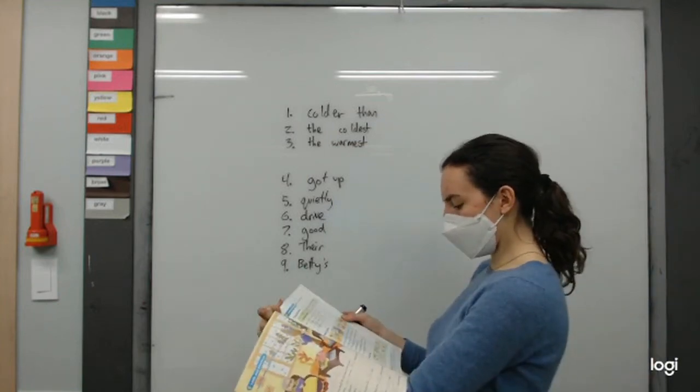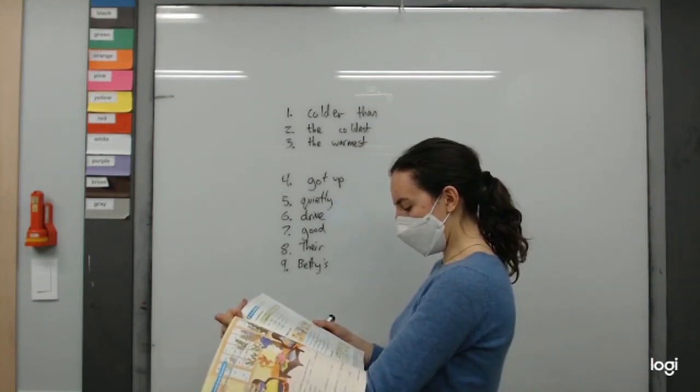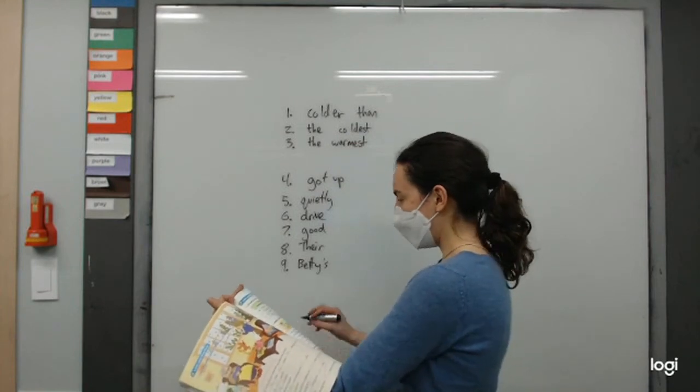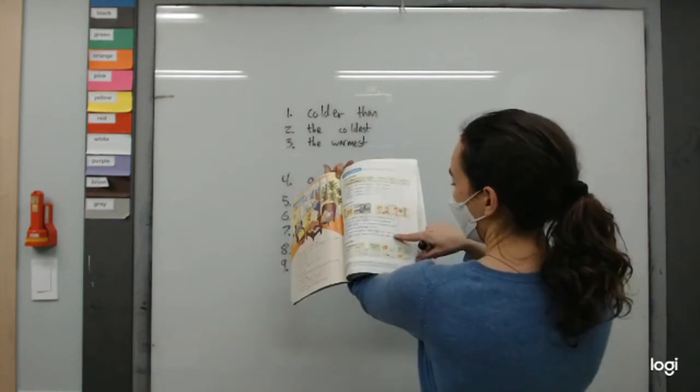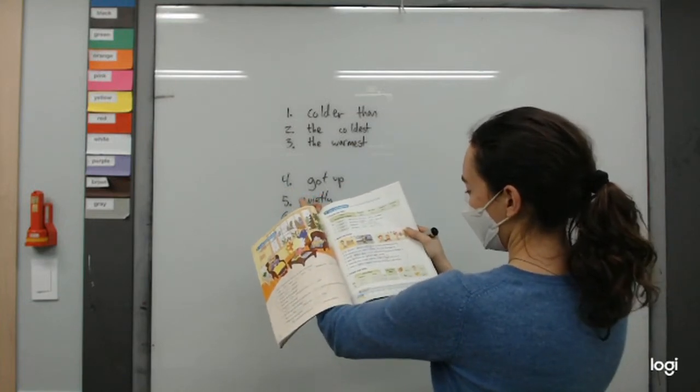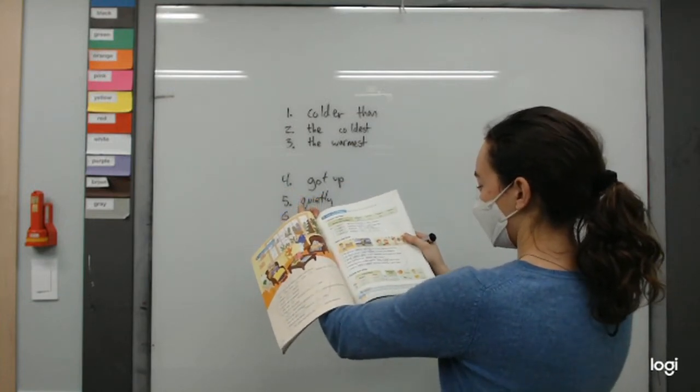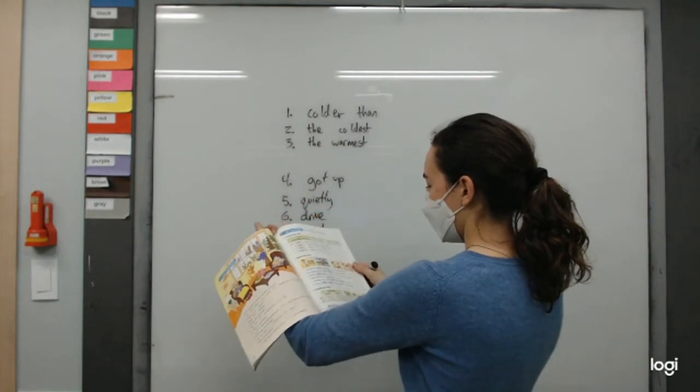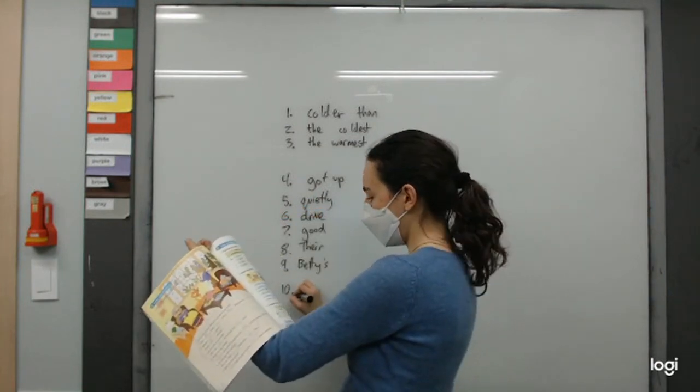Okay, so last part, we have to choose which one out of these nouns here is singular, plural, and which ones are the noun count ones. Okay, so what's first one?